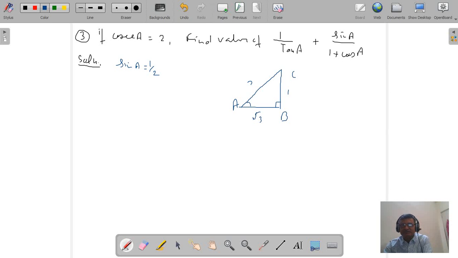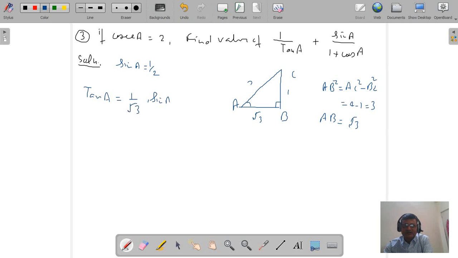We are using Pythagoras theorem. You know that AB square equals AC square minus BC square. It means 4 minus 1, that is equal to 3. So AB is going to be root 3. Now with the help of this, we will find out the value of tan A. So tan A is 1 upon root 3.